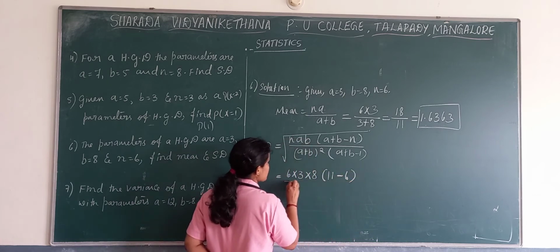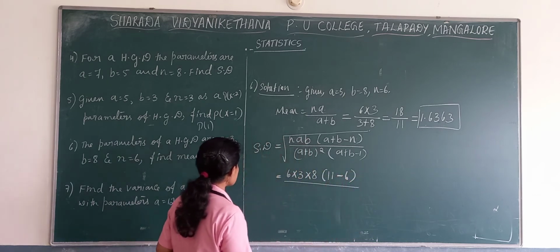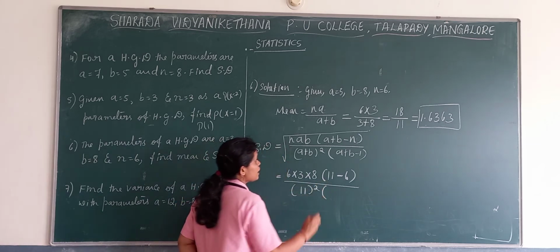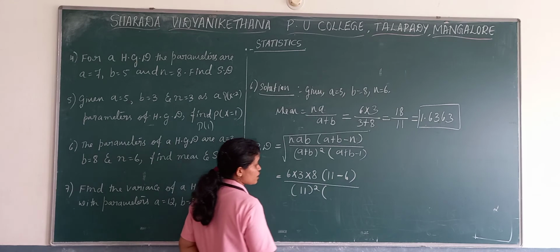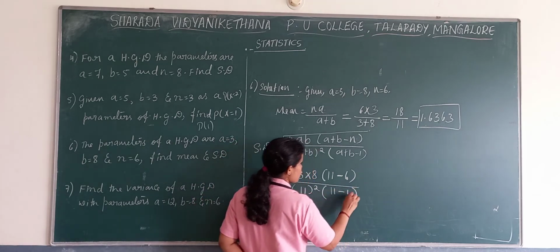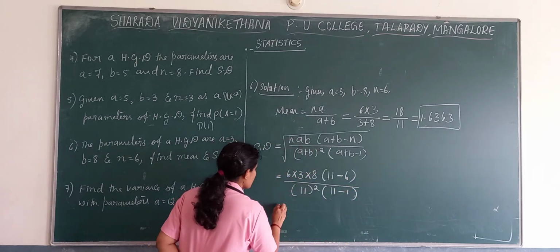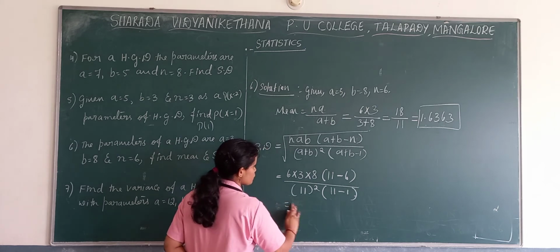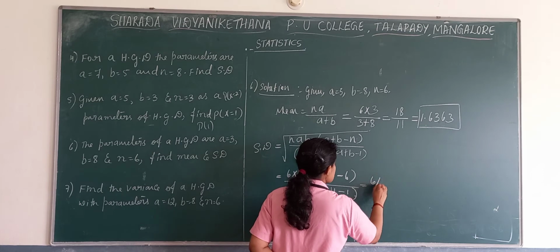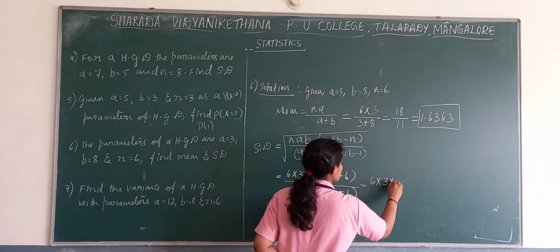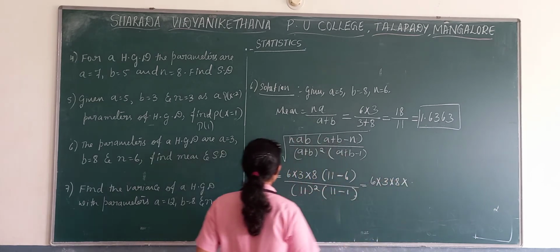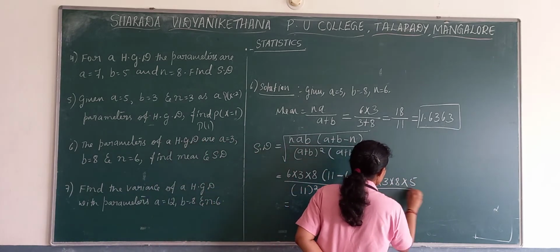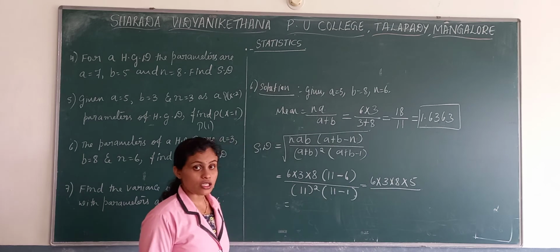Divided by A plus B, there it is 11 square into A plus B minus 1, 11 minus 1. So here we get 6 into 3 into 8 into 11 minus 6, that is 5, divided by 11 square.